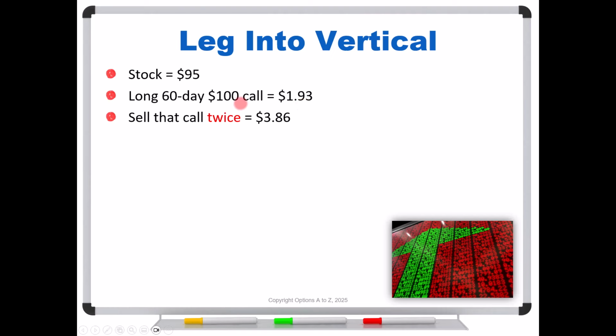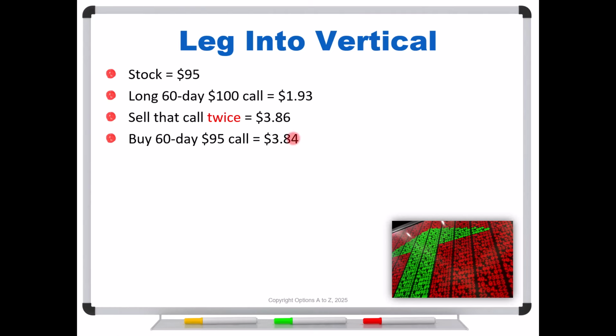We want to be short the 100 call, and then from this credit, we're going to buy the same expiration, but a lower strike, maybe the 95 call. So it's an at-the-money call. So we've collected 386. We have to spend 384. Again, this is according to a pricing model.